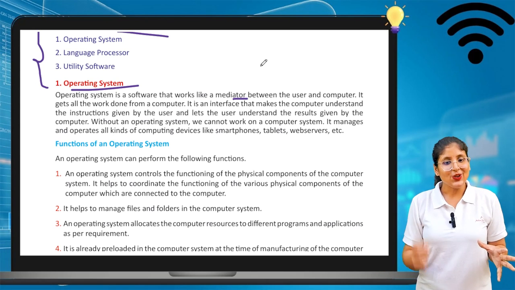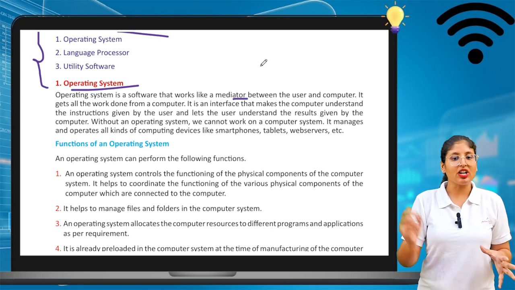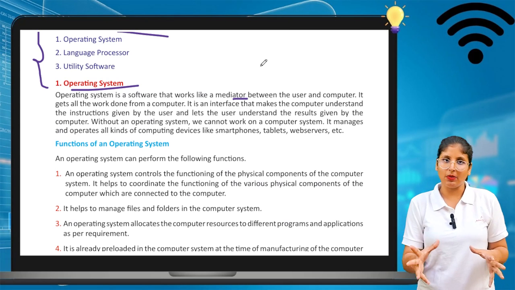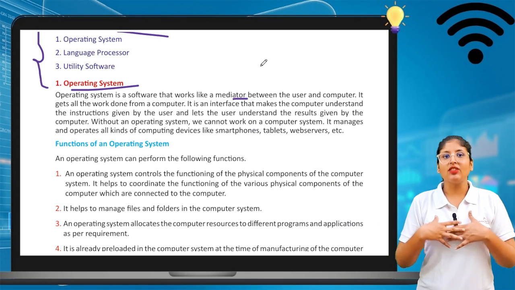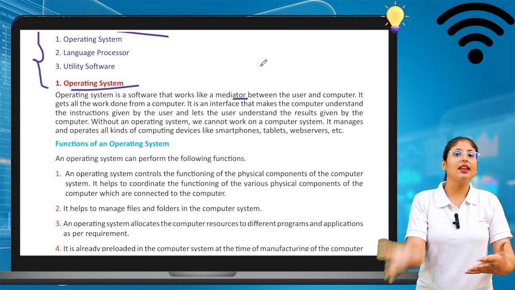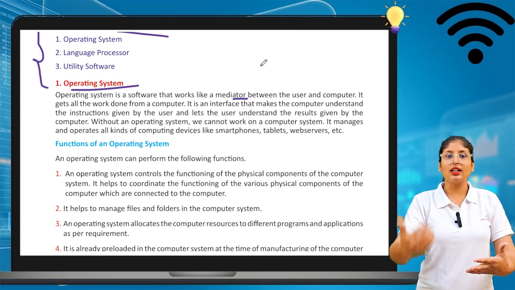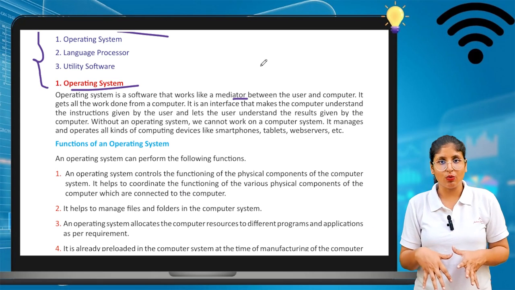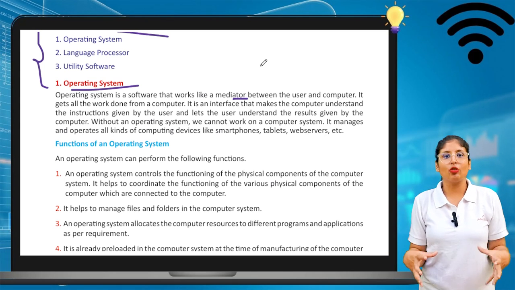It is the interface that makes the computer understand the instruction given by the user and lets the user understand the result given by the computer. That's why we say the operating system plays a mediator role between them.